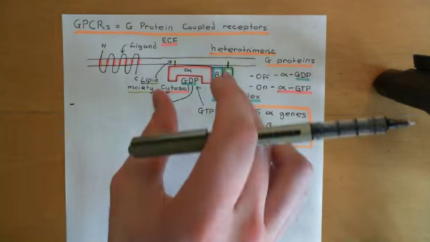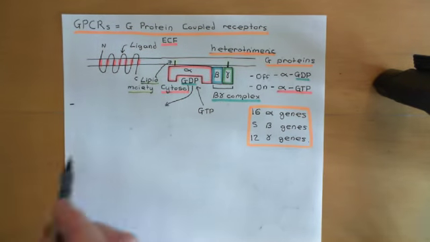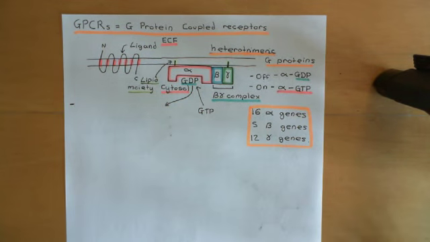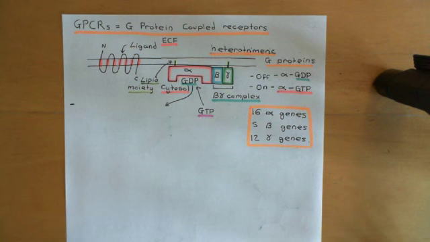However, once the heterotrimeric G protein has bound to the G protein coupled receptor, the receptor catalyzes the release of the guanosine diphosphate. It makes the bond between the alpha subunit and the GDP much weaker, so the GDP is released. A GTP molecule from the cytoplasm will then come into this binding site and replace the GDP.